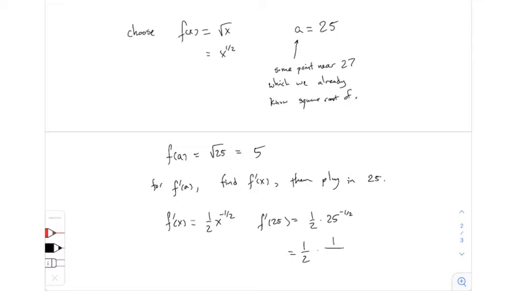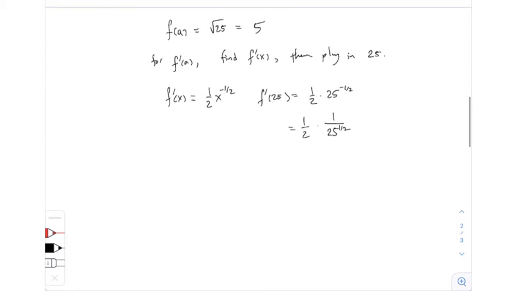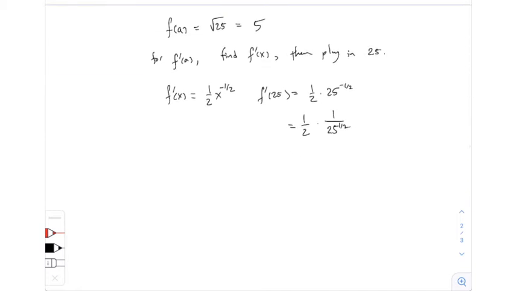Yeah, right. So 25 to the negative power is really 1 over 25 to the 1/2, and 25 to the 1/2 is the square root of 25, which is 5. So this is 1 over 2 times 1 over 5. 1/10. That's what F prime of A is, 1/10.